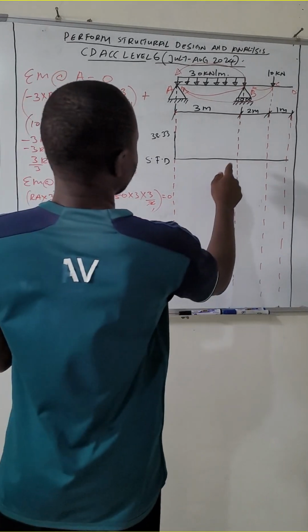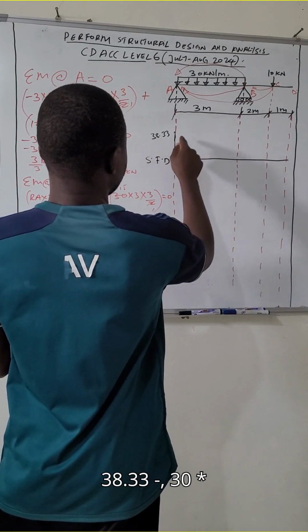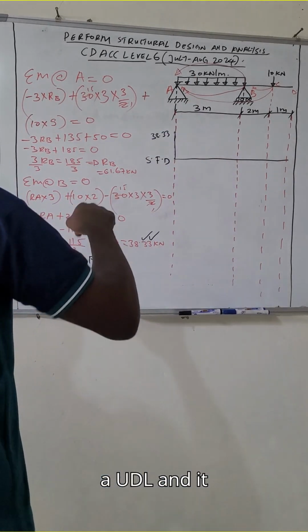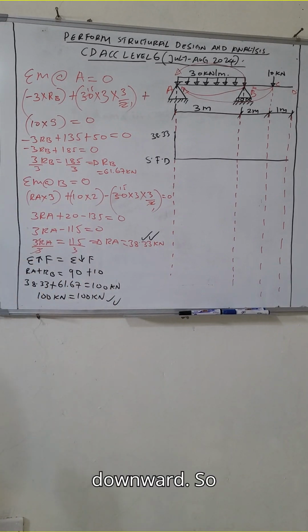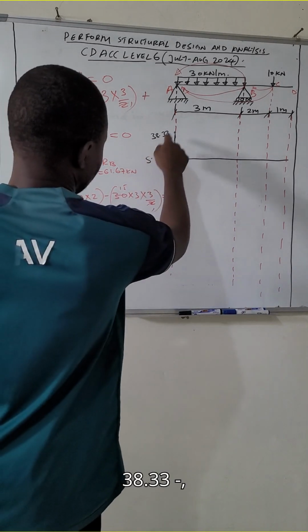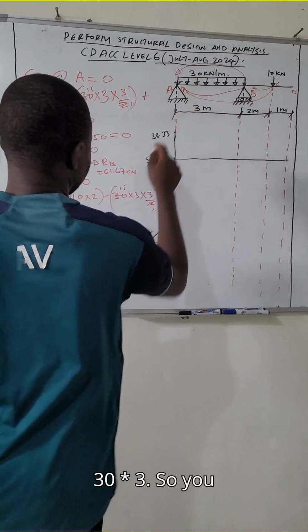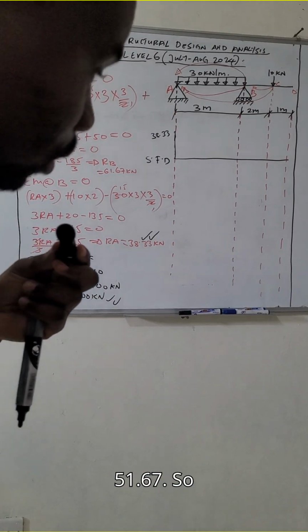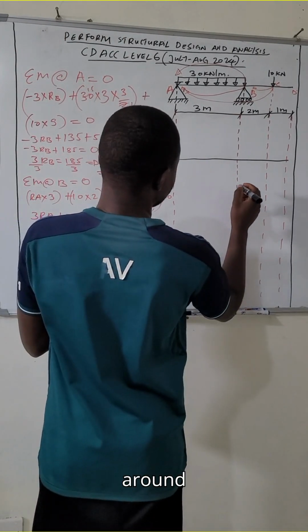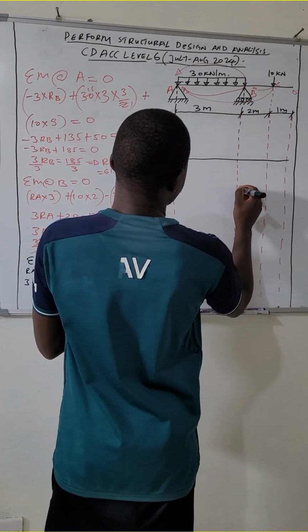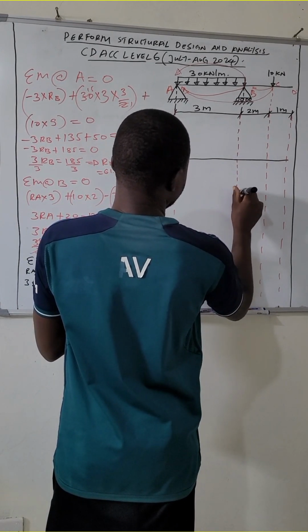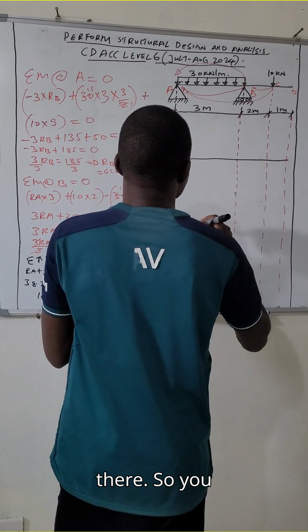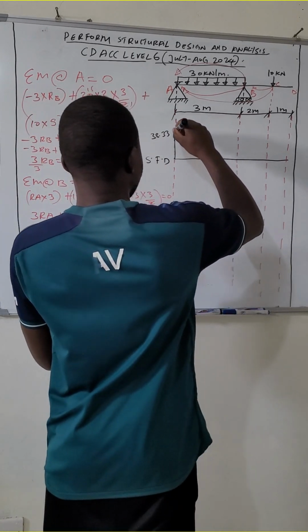Shear force at B will be 38.33 minus 30 times 3, because it is a UDL acting on the beam downward. So you get negative 51.67, which is around somewhere there. So you will draw a diagonal line.